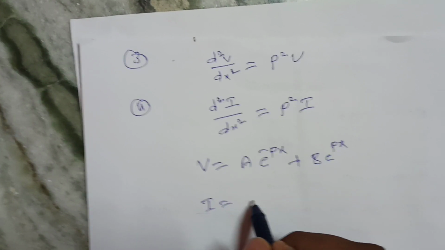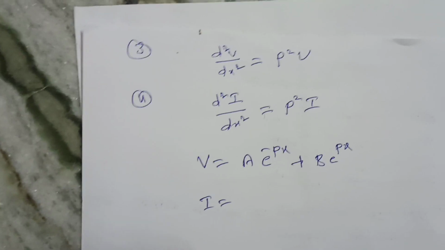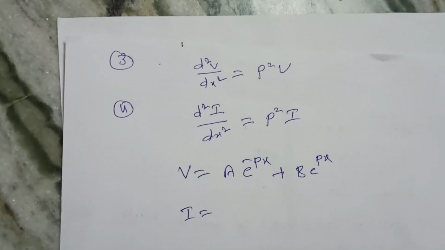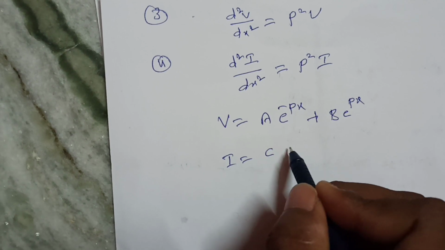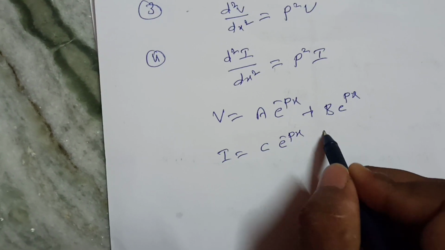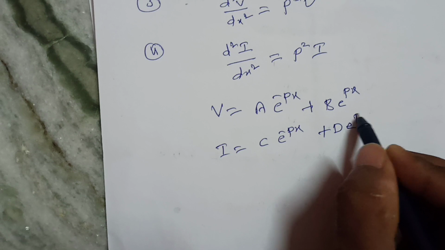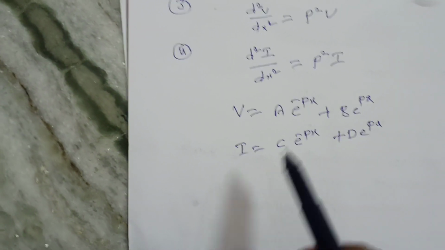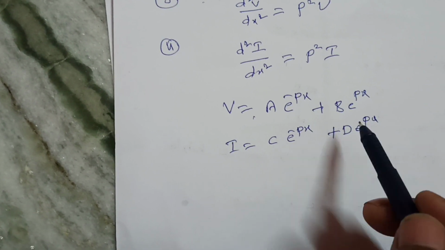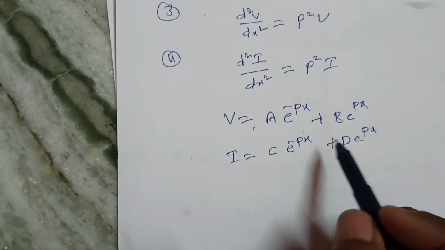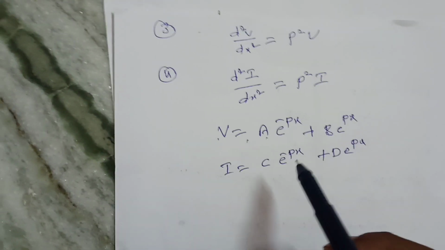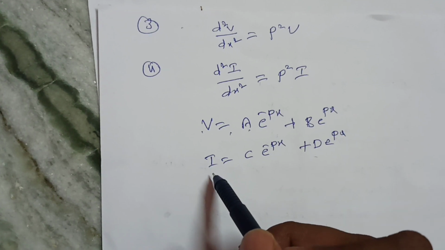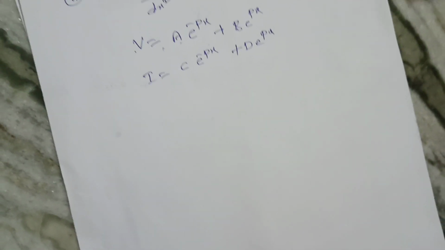Similarly, I is equal to c into exponential minus px plus d into exponential px. So here a, b, c, d, these four are arbitrary constants, and a, b have the dimensions of voltage, c, d have the dimensions of current.